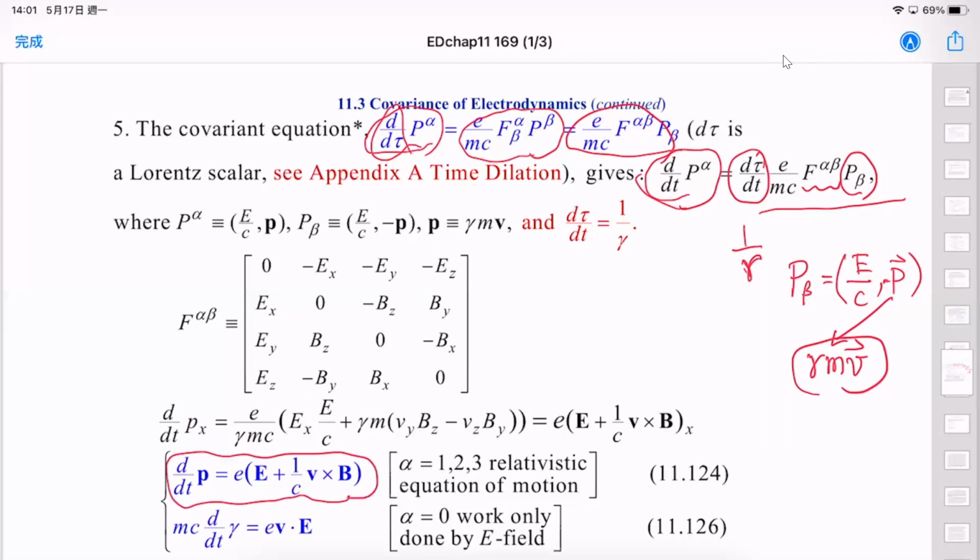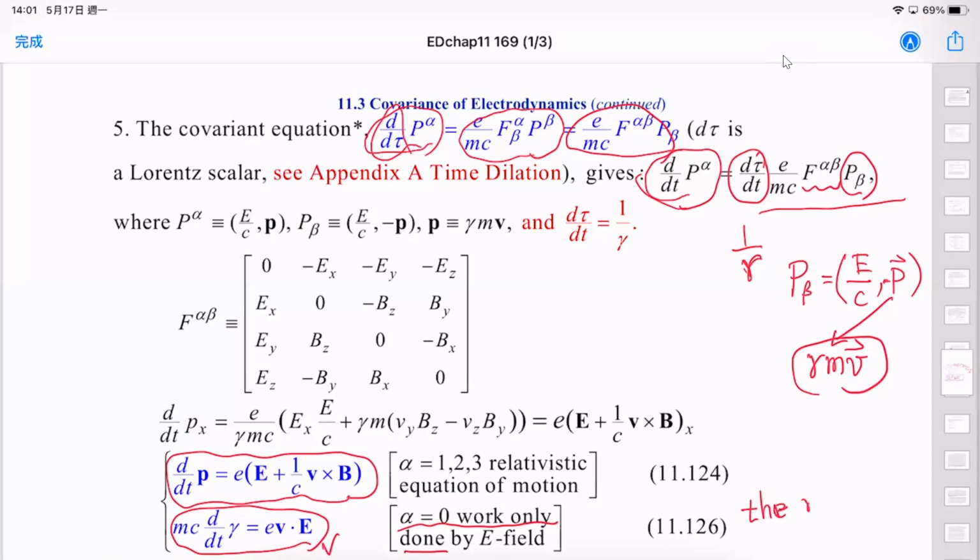So it will help us to derive the Lorentz force and the change of the energy, or the work done by the E field. Alpha equals 0 is related to the work done by the E field. The work done by the E field is shown here, the rate of change of the energy.